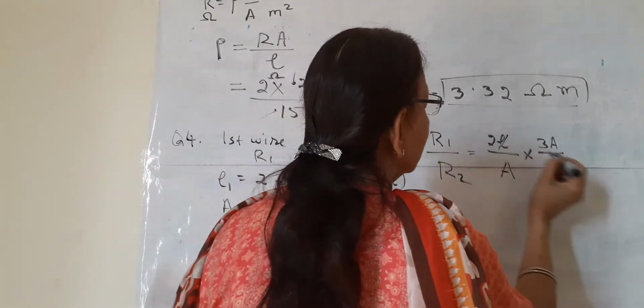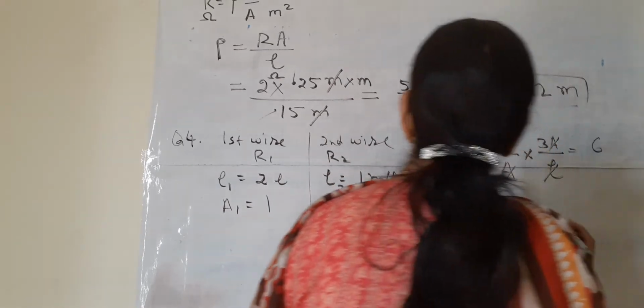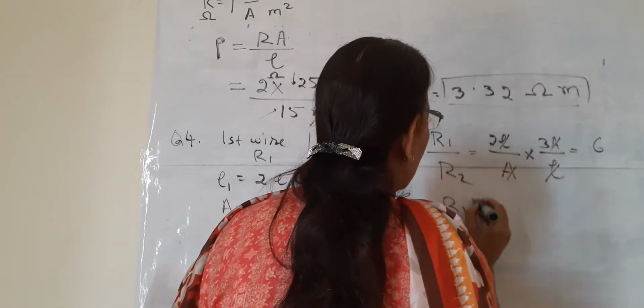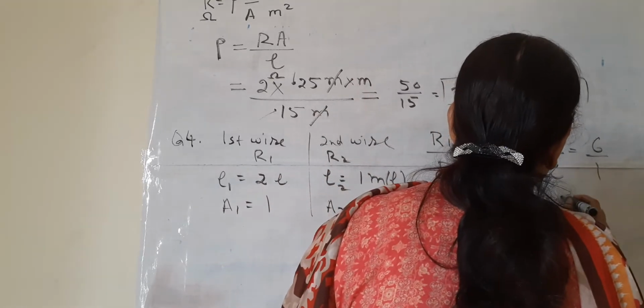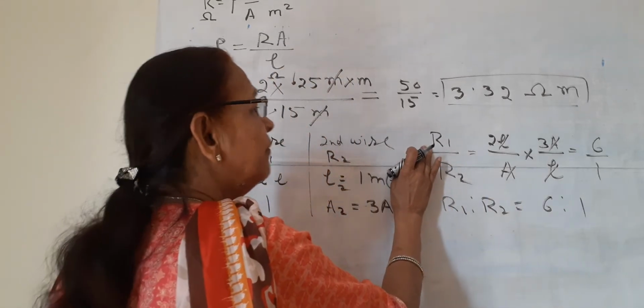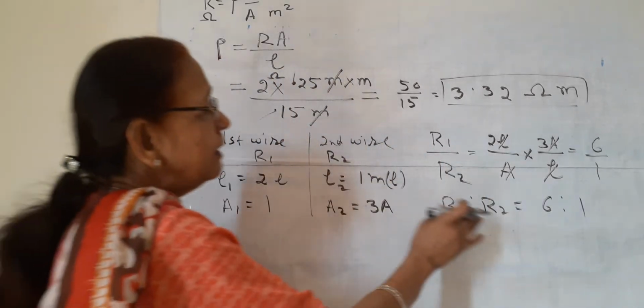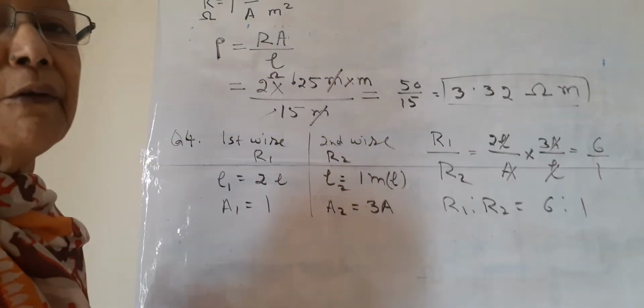So this will be cancelled, this will be cancelled, and it is 6. So R1 is to R2 is equal to 6 is to 1. That is, the resistance of the first wire is 6 times the resistance of second wire.